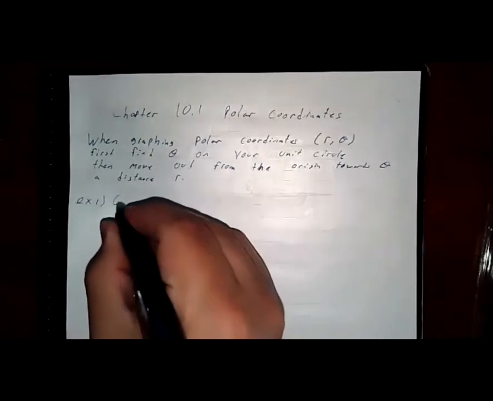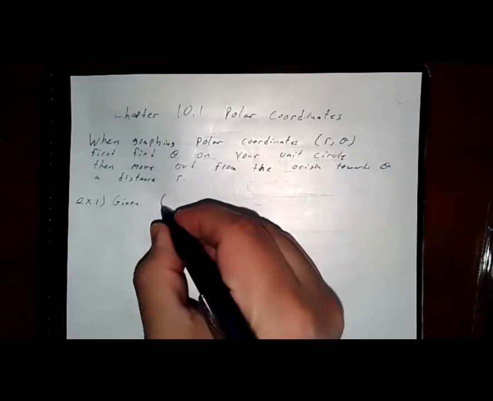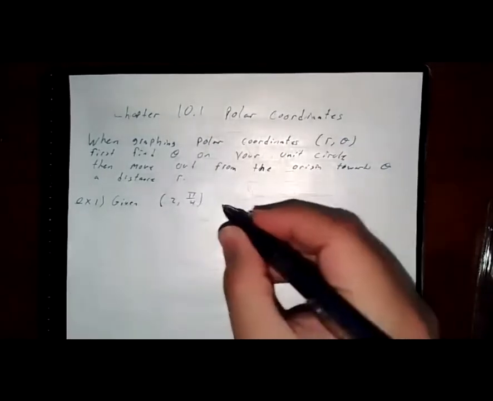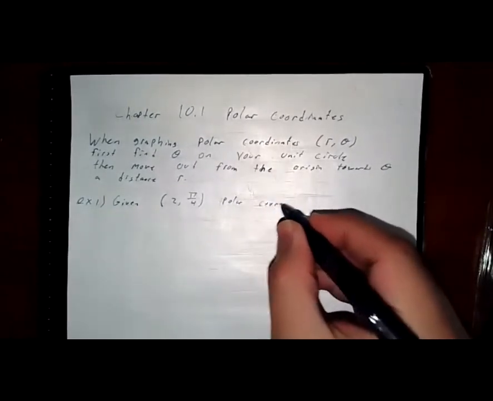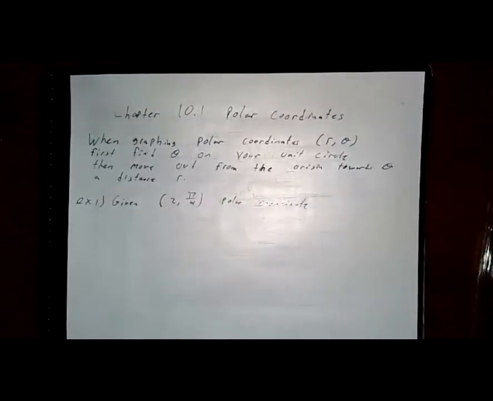So given the polar coordinate 2 comma pi over 4, what we're going to do is graph it.